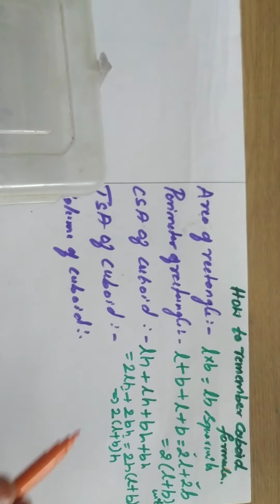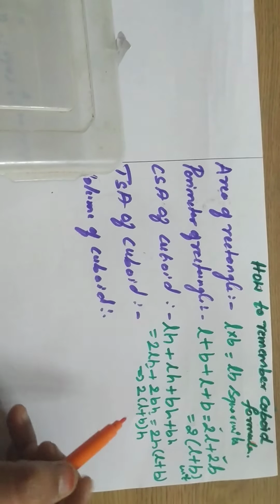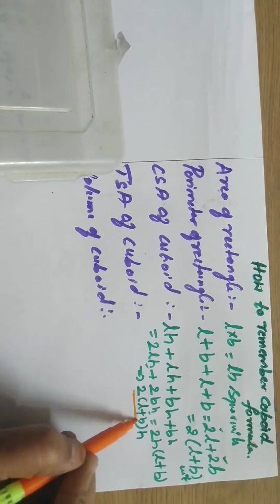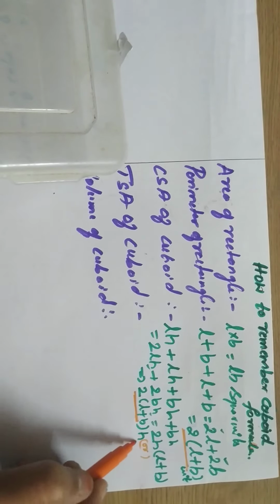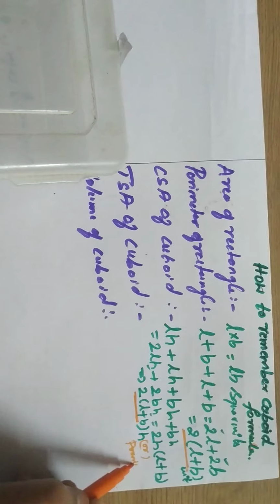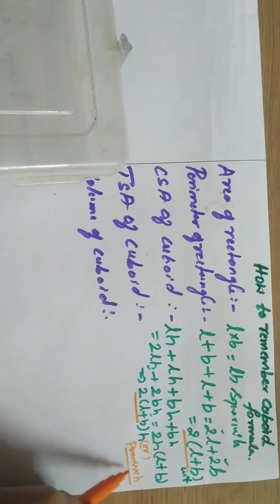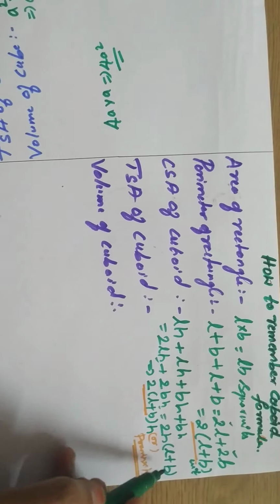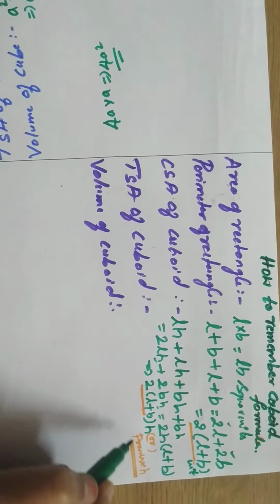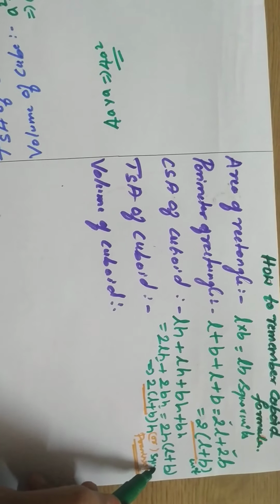This is another small way of understanding CSA. This is nothing but perimeter. So CSA can be defined as perimeter into height. All these are calculating the area, so its unit is square unit.